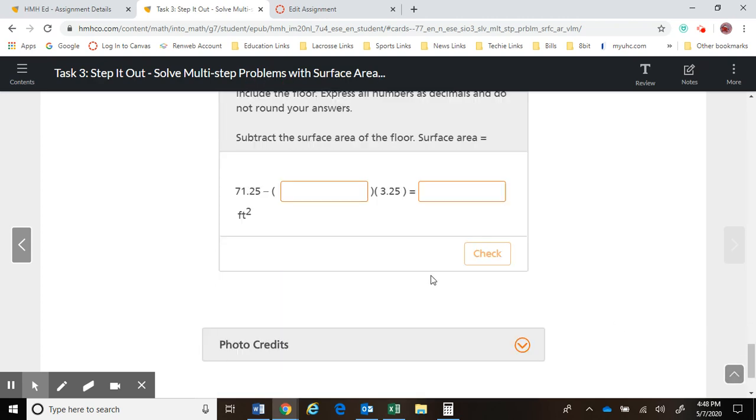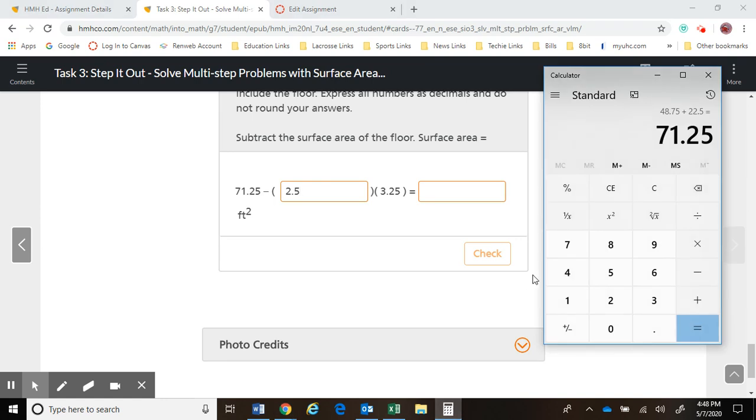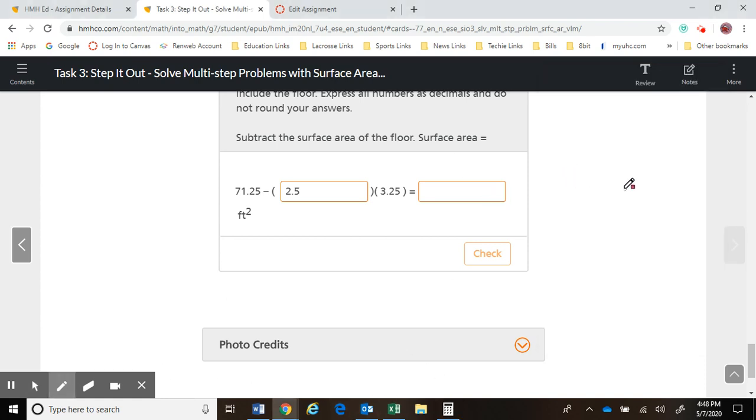So 2.5, 2.5, and then 3.25. I said 3.5, meant 3.25. So I need to multiply those two together first, right? So 2.5 times 3.25, because that's the area of my base. I get 8 and 1/8, or 8.125. So let me write that out. 8.125.